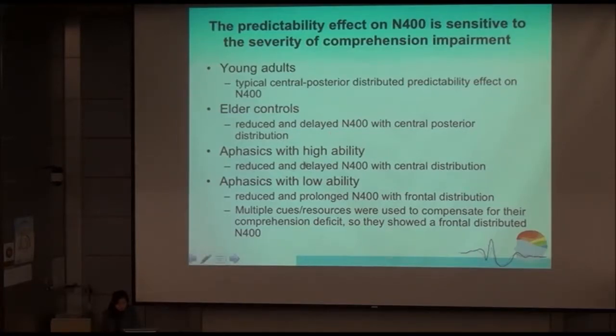The aphasic patients with high reading comprehension ability also show a reduced and delayed N400, but with central distribution. But for those with really low scores on reading comprehension, their N400 is much reduced and prolonged, and also shows a different distribution, which is mainly from the frontal electrodes.